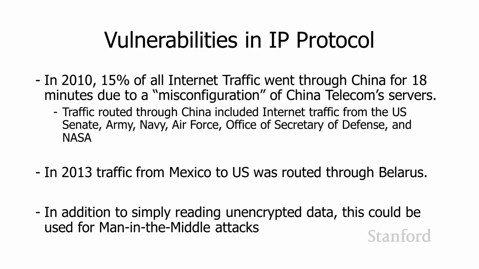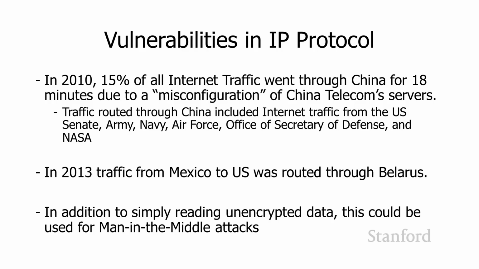So basically what happened here was, China claims this was accidental, but what happened was China's telecom company basically told the rest of the internet, hey, you should route your traffic through us. We are the fastest way to get to your destination. So, if you're sending information from the Pentagon to the White House, it'll be faster if you route it through China. And the internet blithely went along with that and sent all the IP packets through China.